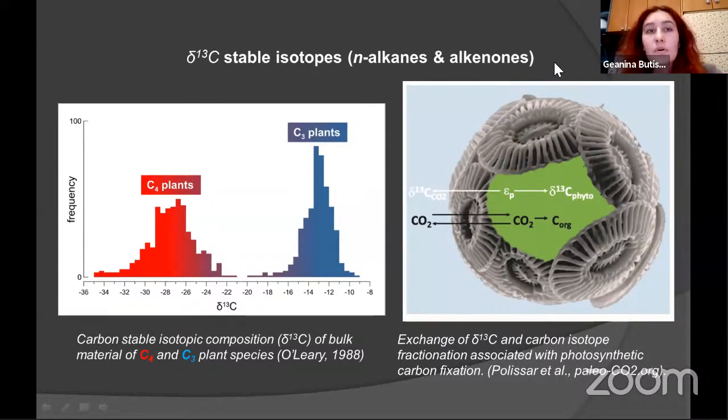The carbon isotopes on alkenones are also important because algae behave pretty much like plants. So they exchange carbon with the water through CO2, and we can reconstruct the paleo CO2.